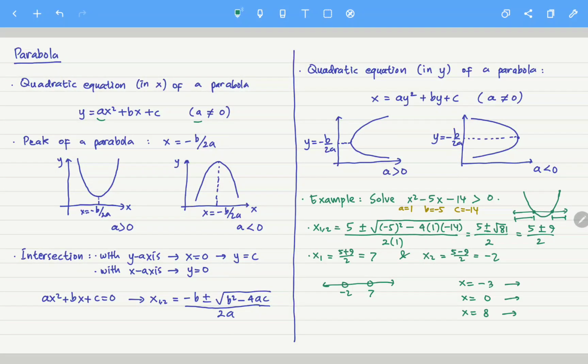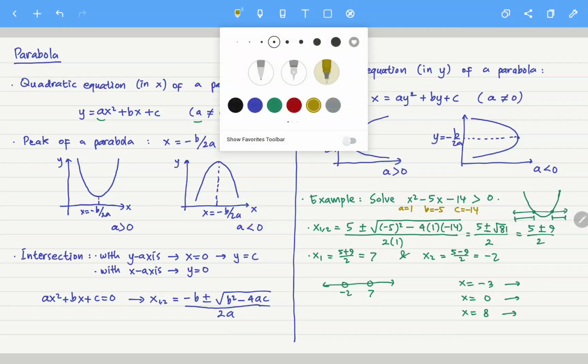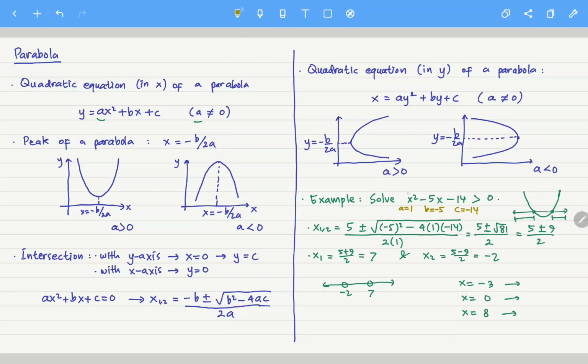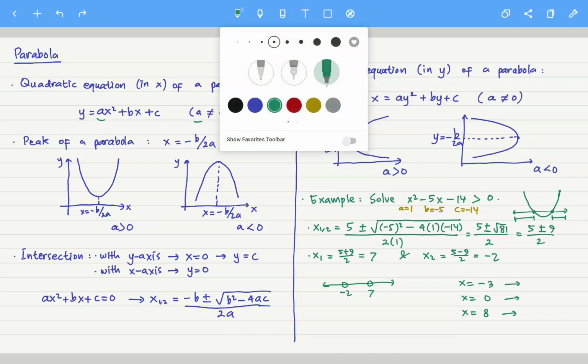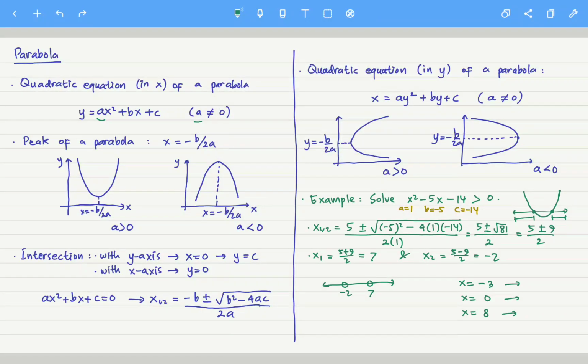For x equals -3, you put it into the equation and check the sign. So if you put it into the equation, you will see that this will be positive, this one will be negative, this one will be positive. So this is plus, minus, and plus.